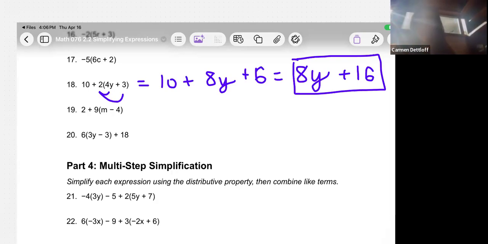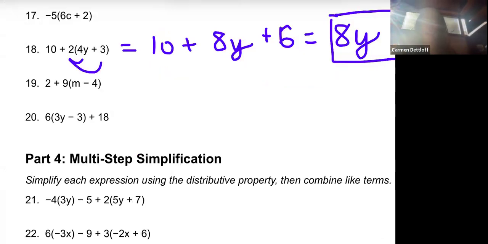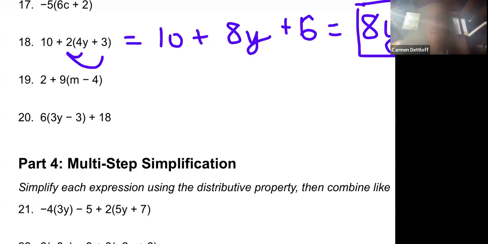I'm going to zoom in. Let's do this one, number 19. Okay, I'm going to cover this up there. So here I'm going to multiply and distribute because that's my first step. So my 9 gets distributed to each of my terms. My 2 stays alone. I'm going to multiply out. I get 2 plus 9m minus 4 times 9 is 36.